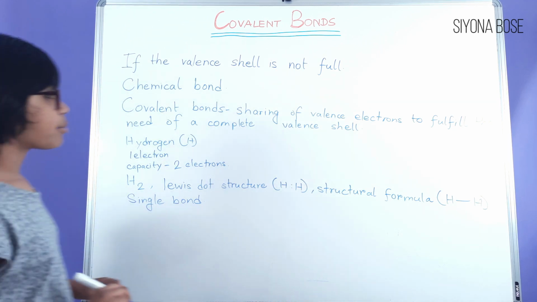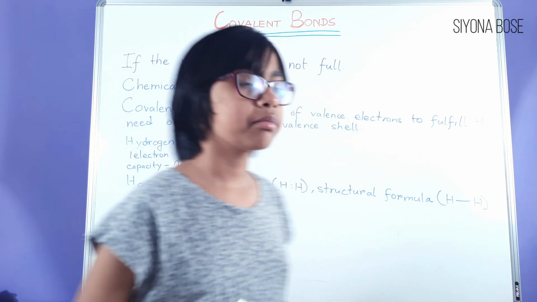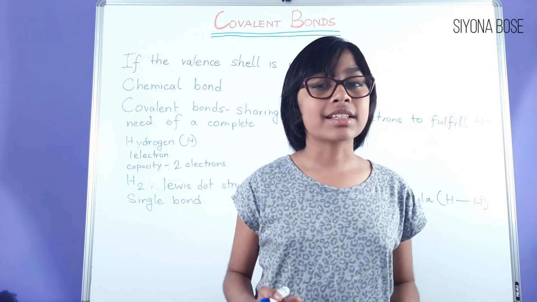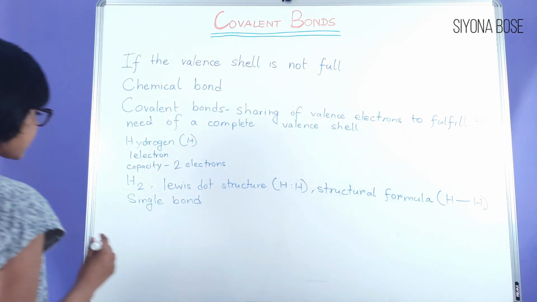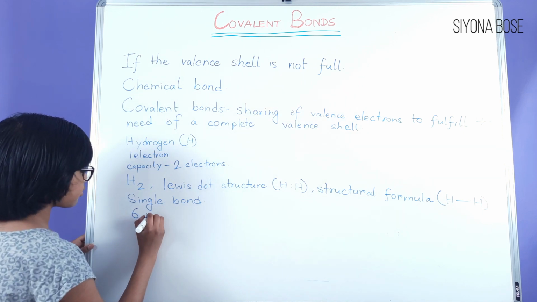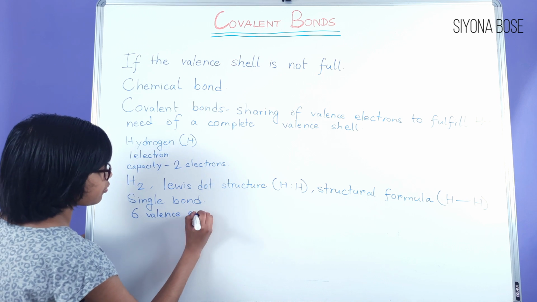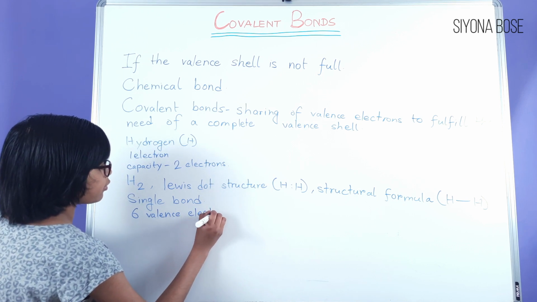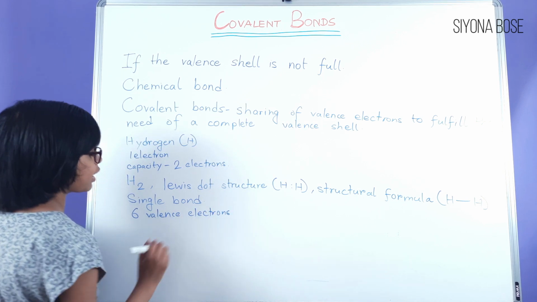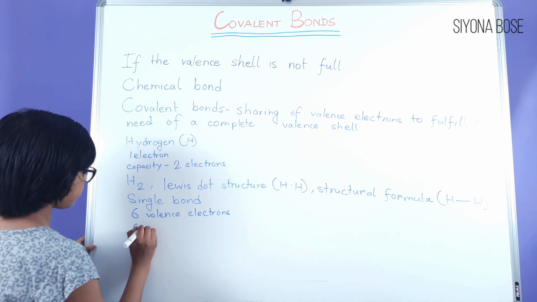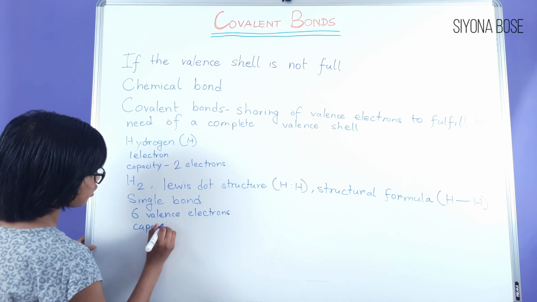Now we can take the example of oxygen, because there is something different. In oxygen, there are 6 valence electrons, but the capacity is 8 valence electrons.